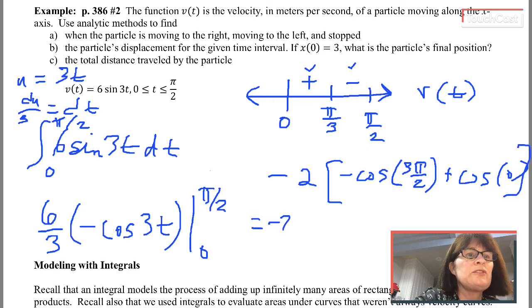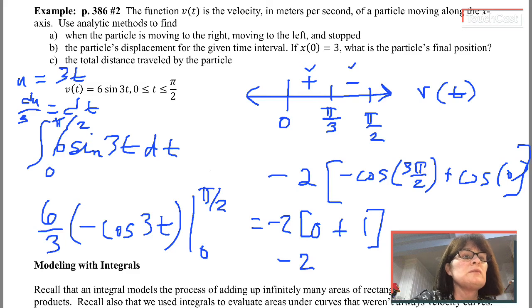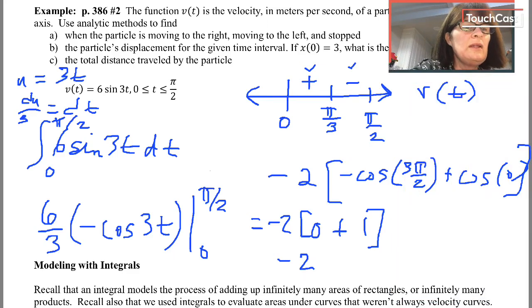Cosine of 3 pi over 2 is 0. So cosine of 0 is 1. It's going to give me a displacement of negative 2. Negative 2 is the displacement.